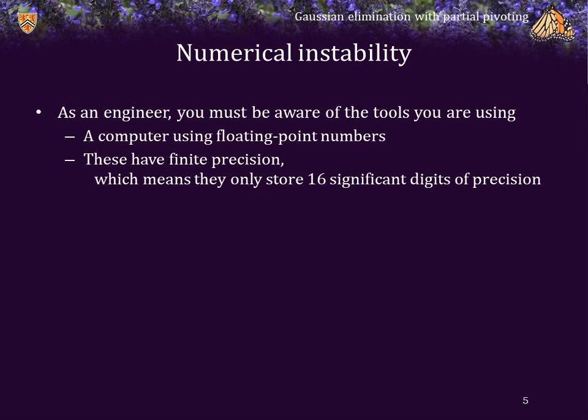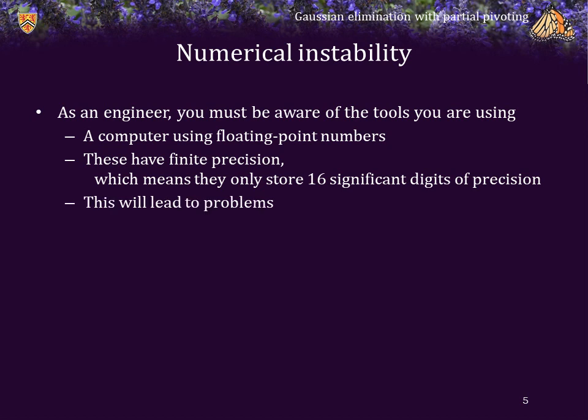Basically, this means when you store a real number on a computer, the best you get is approximately 16 significant digits of precision. Now, that might sound like a lot, but you're going to have to remember that as an engineer, you're actually going to be performing lots and lots of calculations on huge systems of linear equations.